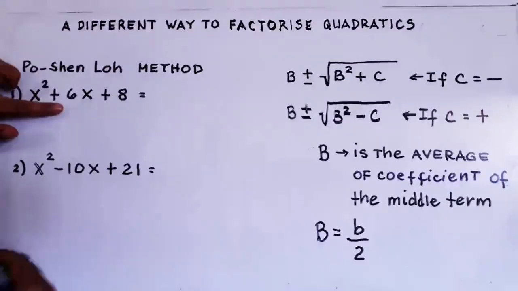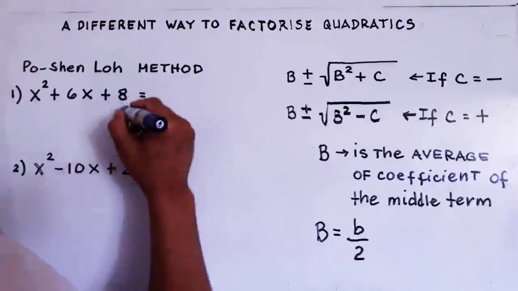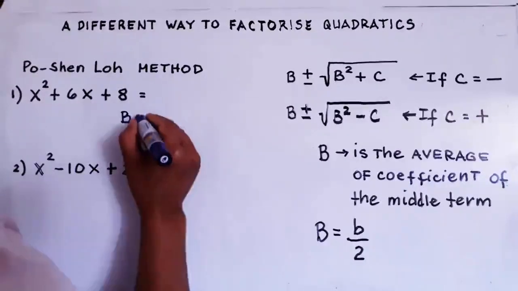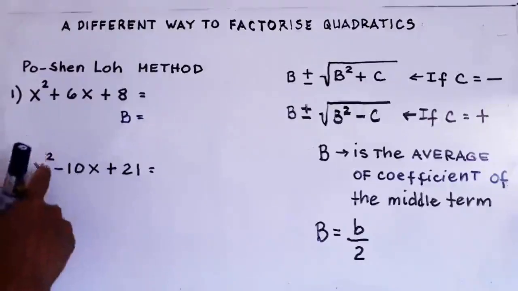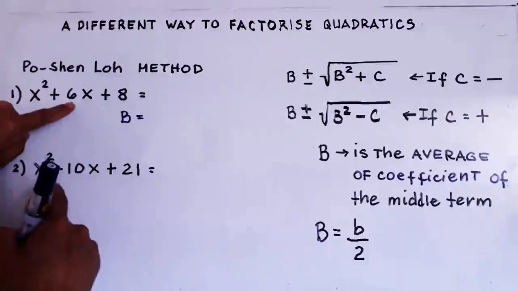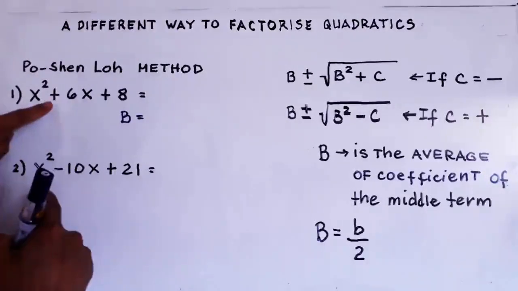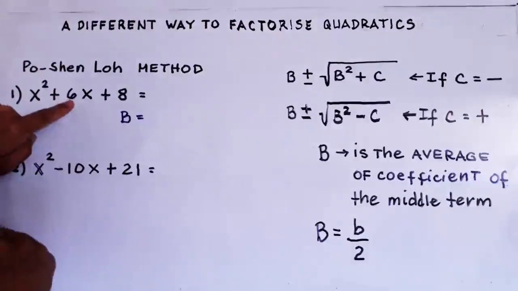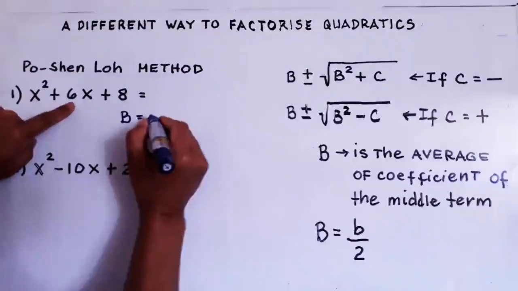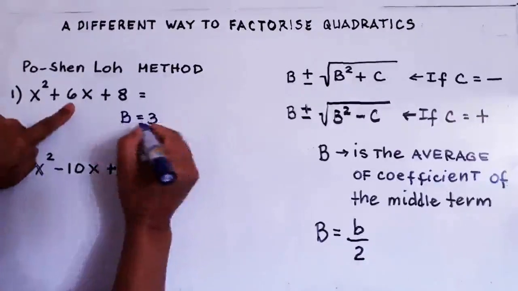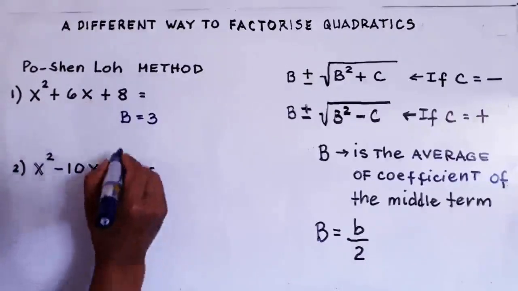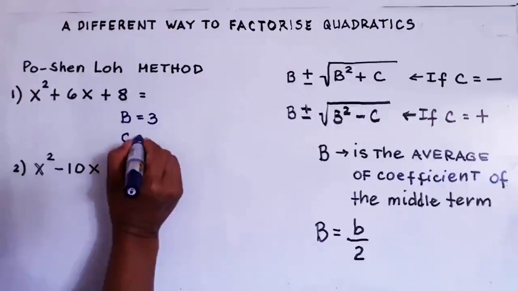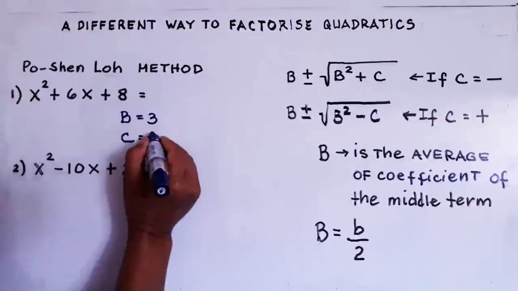So let's start and apply our formula. Here, class, let's find the B. We can easily divide b by 2. We have 6, which is positive, so I'm not going to put the positive sign anymore. So we have 6 divided by 2 is 3, so we are going to use the 3. What is the c? The c is positive, so we put here the c, which is positive.